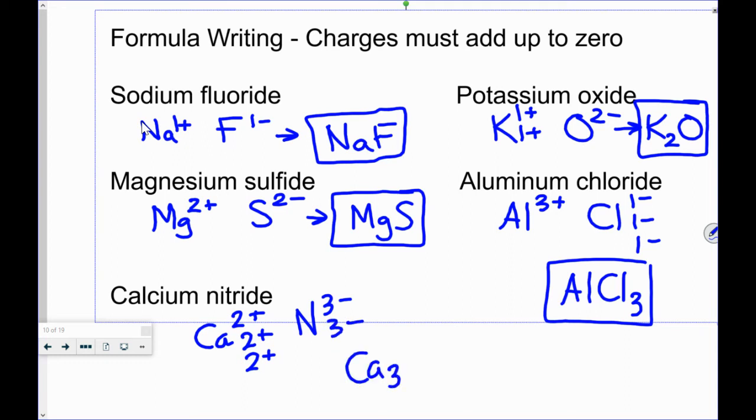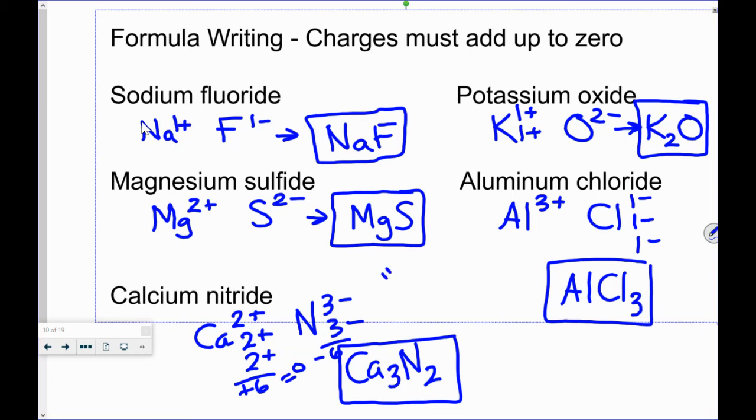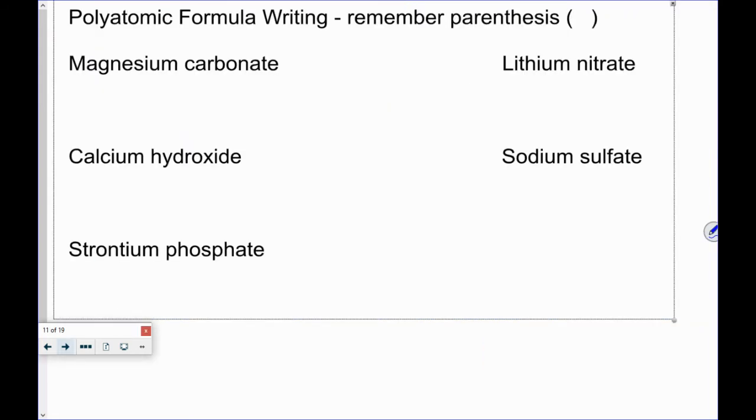To get minus 6, plus 6 here, minus 6 there, that adds up to 0. We would need 2 Ns. So that would be my final answer. So checking charges. Check charges. Eventually we get really good at these and you do them in your head, but that's what I mean by checking charges. Don't skip steps right away. You might need to write it out.